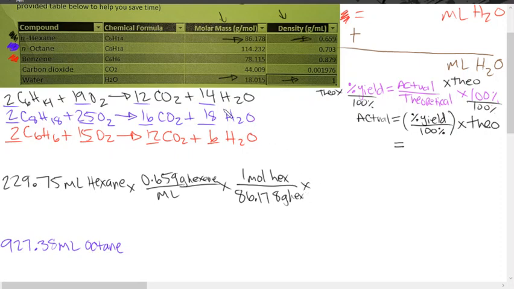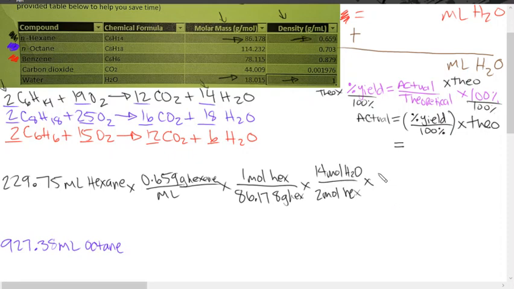Now we're going to use the mole-to-mole ratio, or the molar ratio, however you prefer to say it. So this is hexane right here. So 2 moles of that will give us 14 moles of water. So 2 moles hexane, 14 moles of H2O, and then we'll use the molar mass. 18, or whoops, my bad.